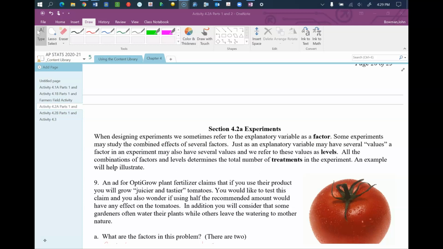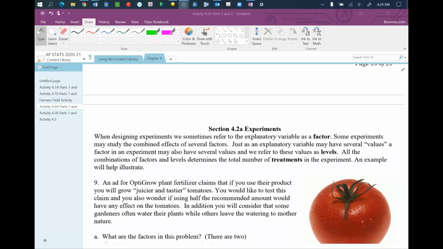So there are 3 levels of fertilizer: none, half of what's recommended, and 100% of what's recommended. But there's also another factor, and that factor is water, and there are 2 levels there: the just natural watering occurring from rain, and additional watering occurring from a sprinkler, for example.